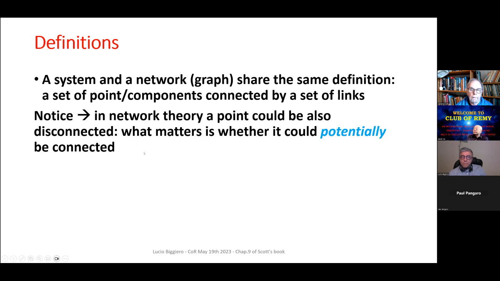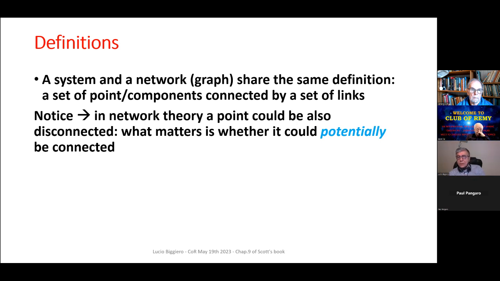I can deal with, for example, a network of companies, a trade network, and in this network, some companies, in the moment that I'm doing the research, maybe are disconnected, so they are not trading anything, but they could be connected in the future according to what I think that industry or that phenomenon that I'm studying is dealing with.